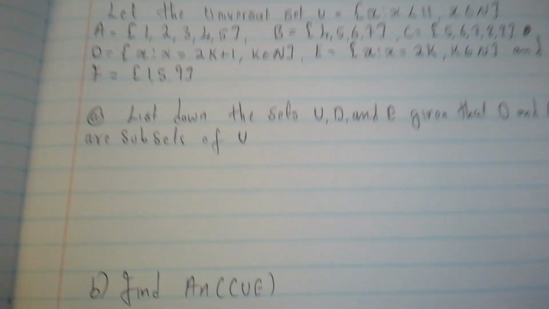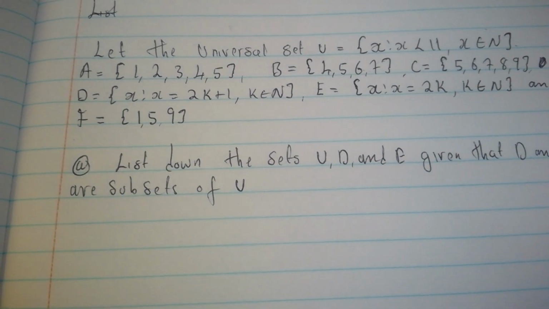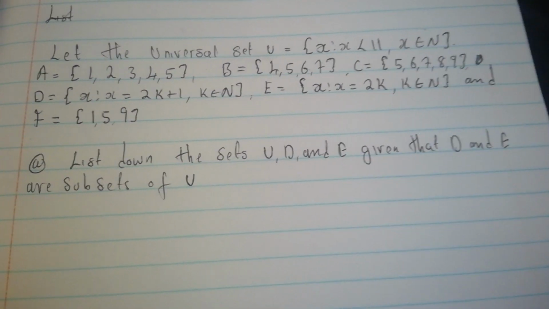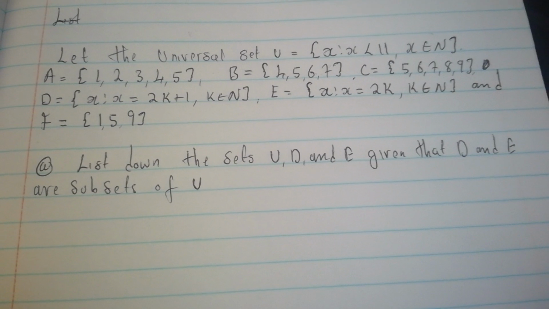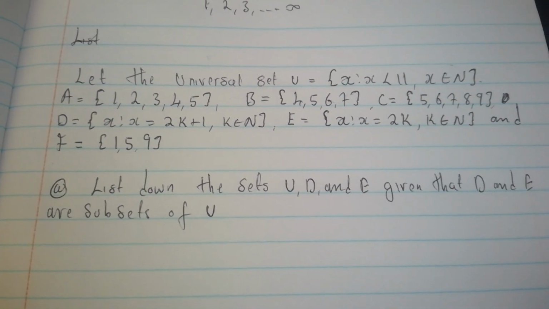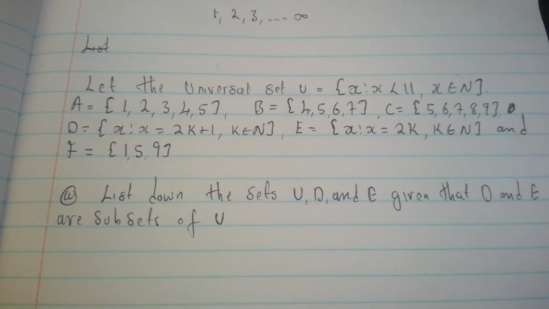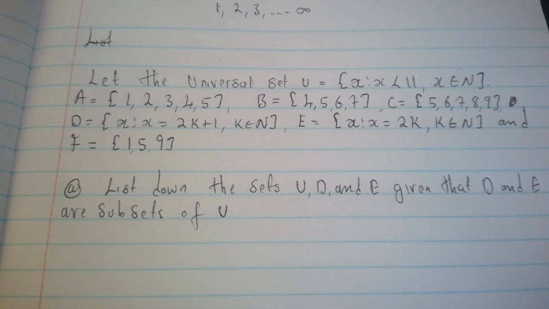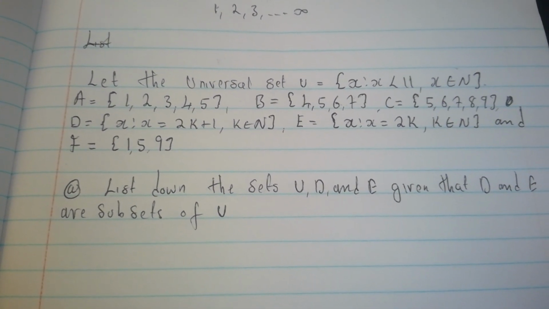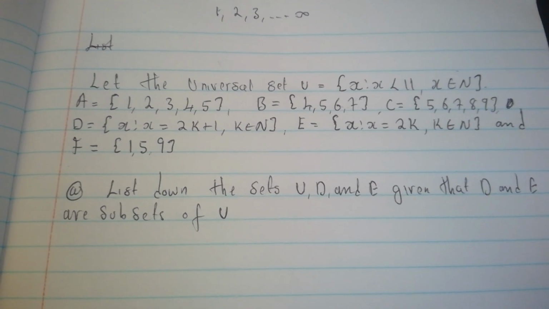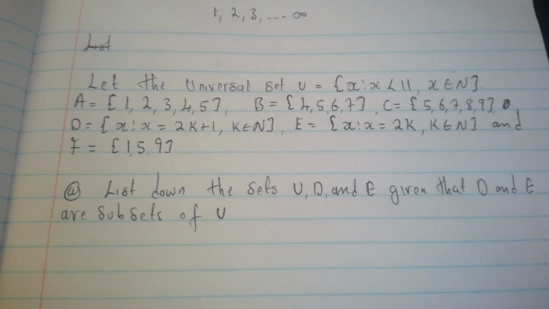We've also been given set A, 1, 2, 3, 4, 5, set B, 4, 5, 6, 7, set C, 5, 6, 7, 8, 9. Set D again is another set builder notation: x is such that x equals 2k plus 1, where k is a natural number.